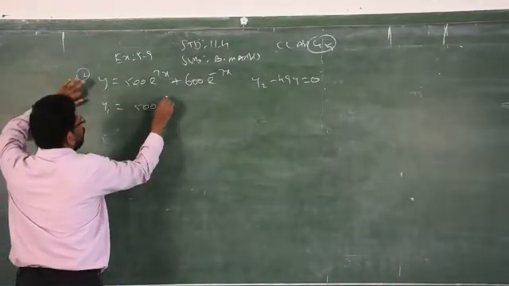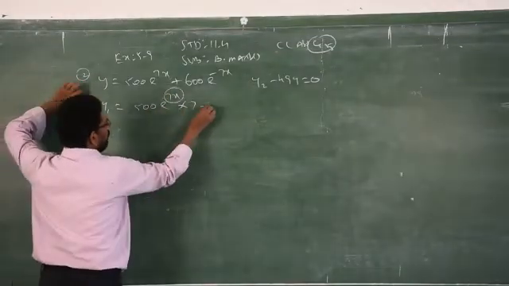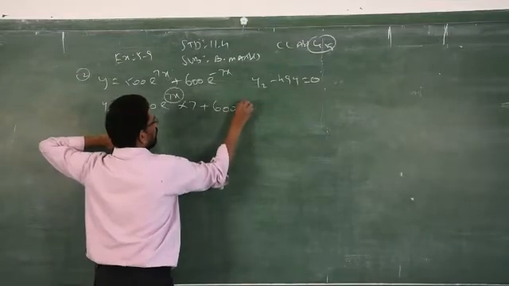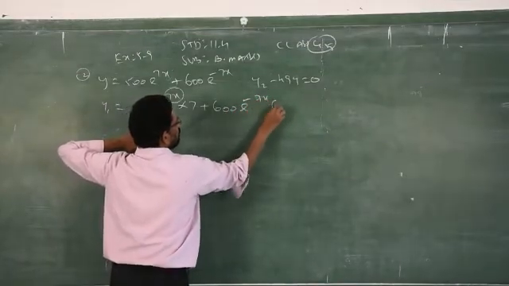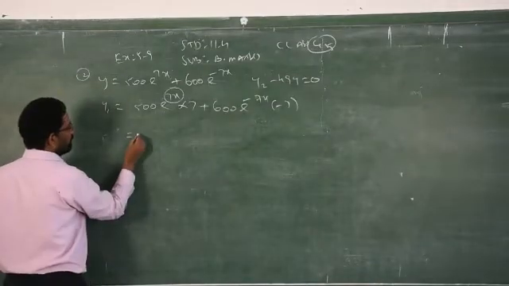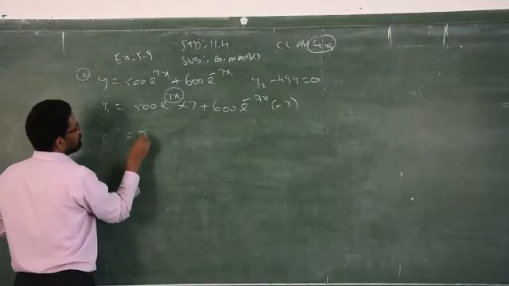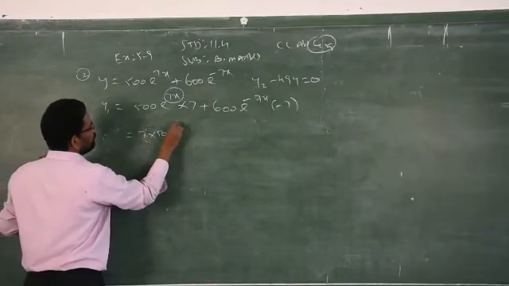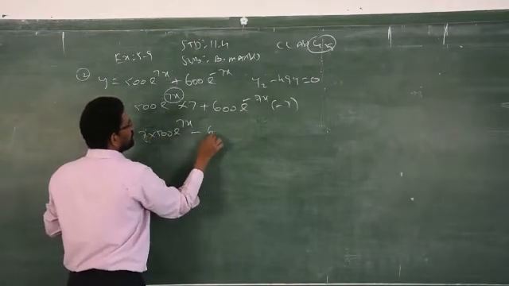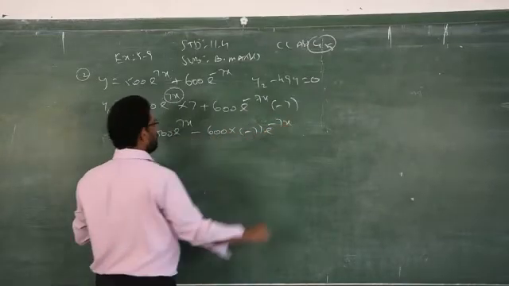For y1, 500 is in exponential form, e power 7x into the differentiation of the power, which is 7, plus 600 e power minus 7x into minus 7. So you take 7 as a common factor: 7 of 500 e power 7x minus 600 e power minus 7x.